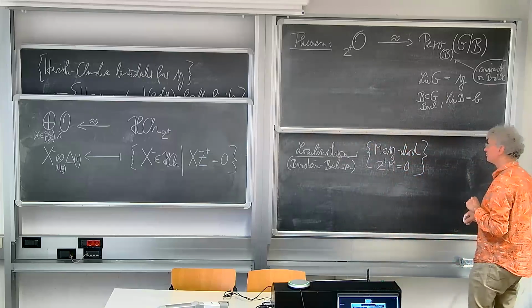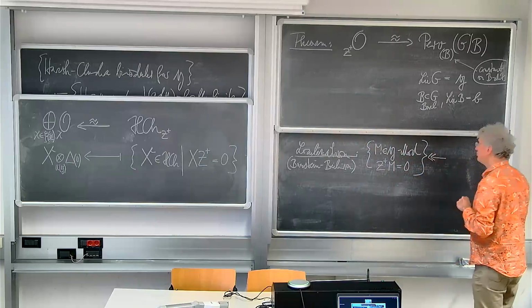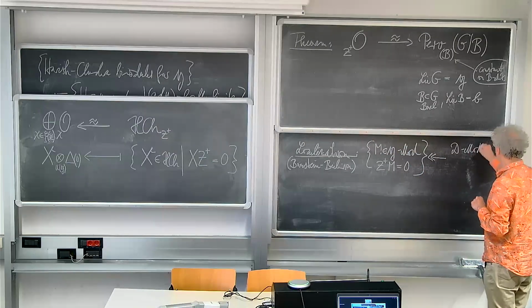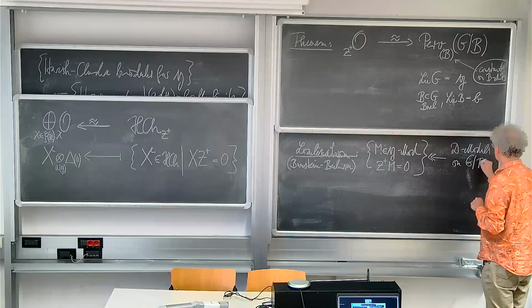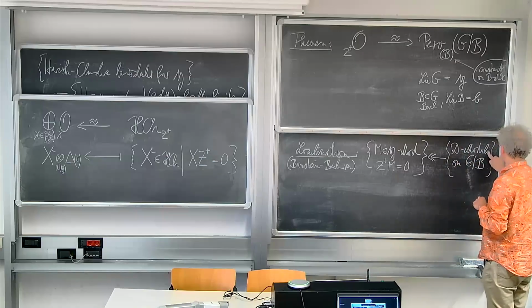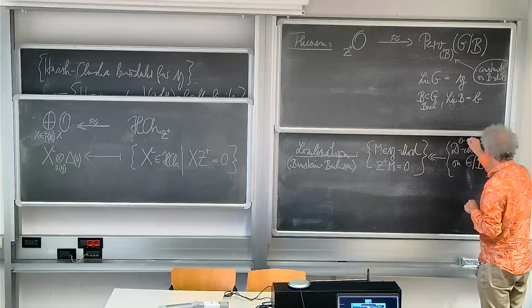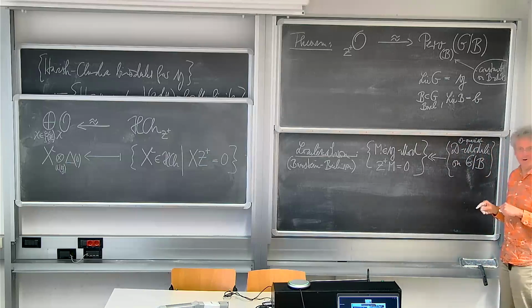this category is equivalent to D modules on the flag variety. And by D modules, I mean O quasi-coherent D modules on the flag variety.